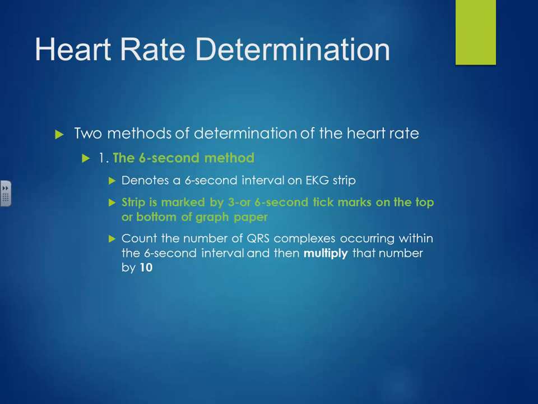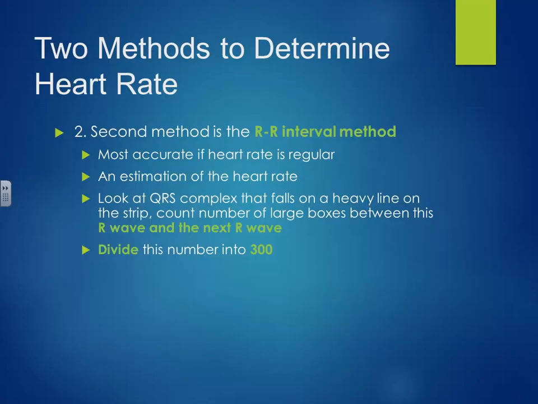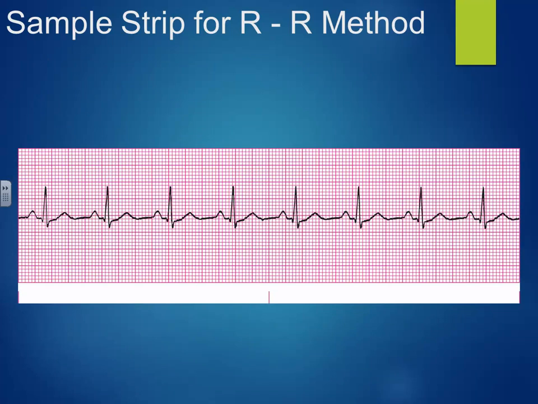So your two ways to determine heart rate, the 6 second, I'm not going to spend a lot of time on that. Look at your 6 second strip, count your QRSs, multiply it by 10. Your R to R. With the R to R, find an R wave that is as close to a big line as you can. Count your boxes.